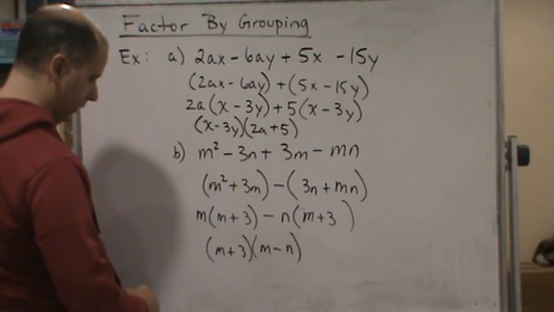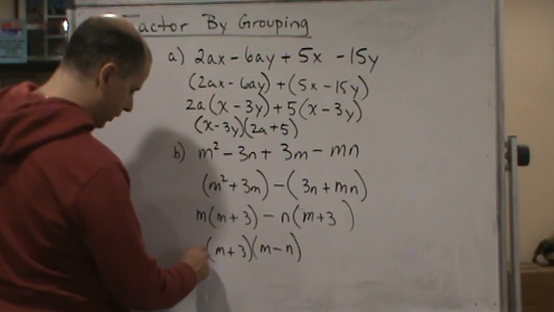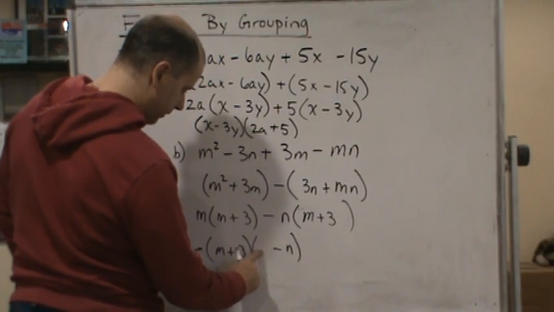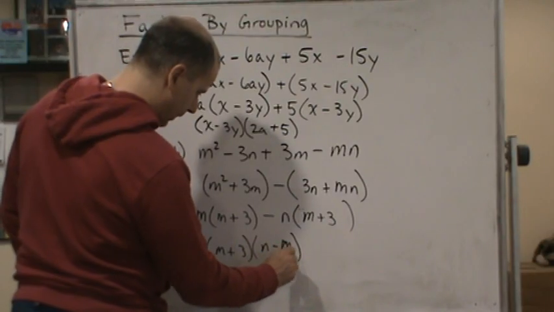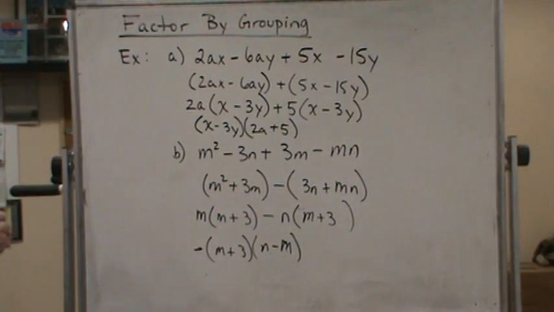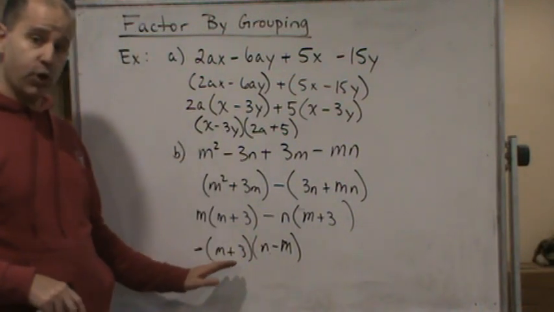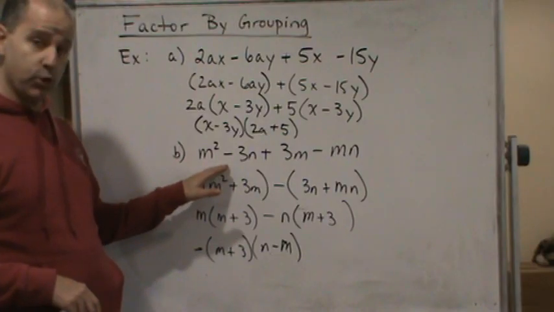You could have gotten a negative, and then this could be n minus m. So again, if you get something different, that's okay. Just make sure when you factor everything back out, you get back to the original problem.